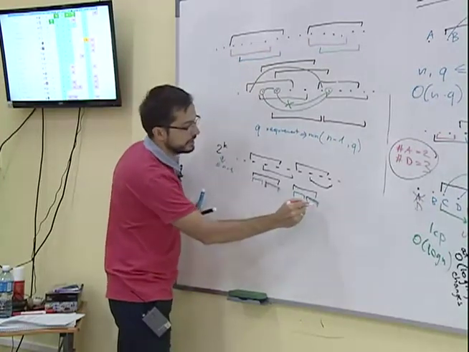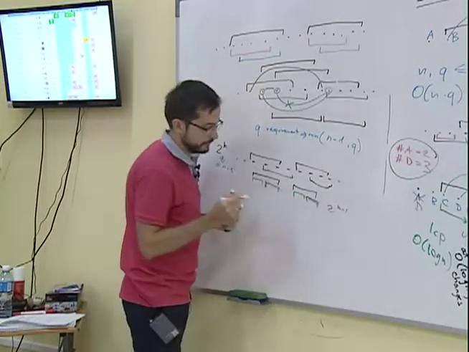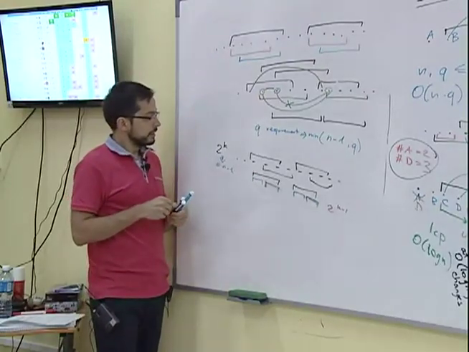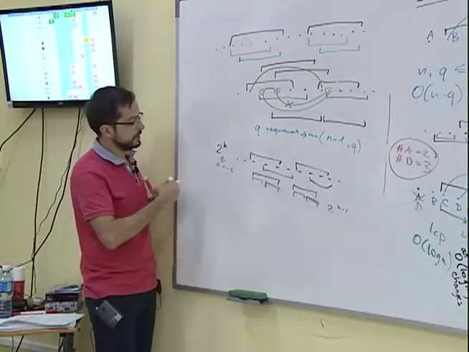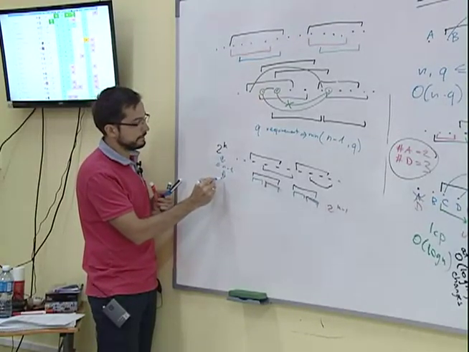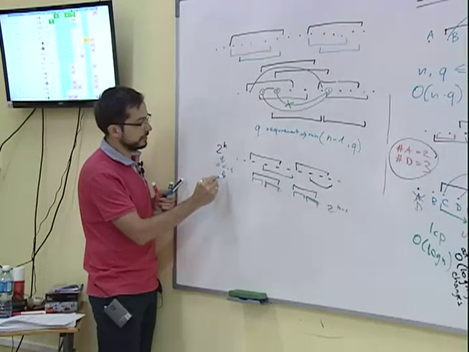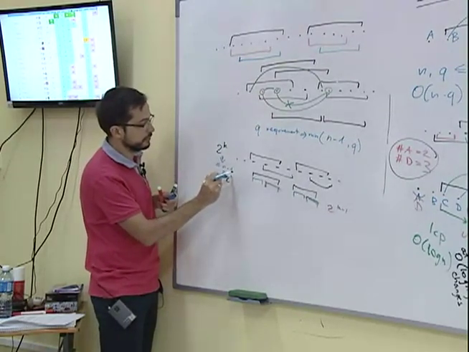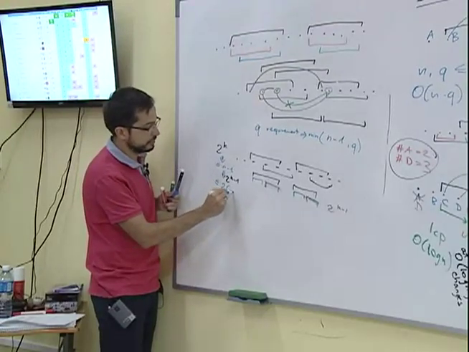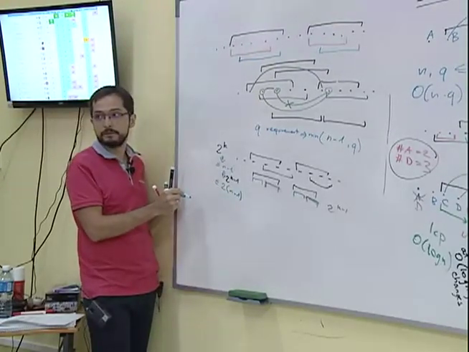And these will be of size 2 to the power of k-1. So then we have requirements of size 2 to the power of k-1, and we will have at most two times more.